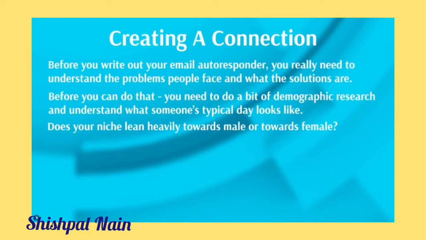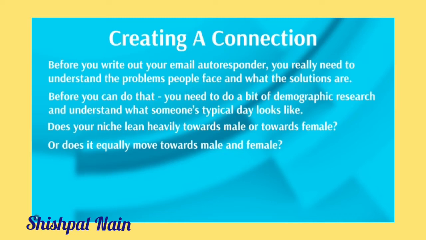So my question to you is, does your prospect within your niche lean heavily towards male or towards female? Or does it equally move towards both male and female? So in other words, in order for it to lean just towards female, is if, let's say for example, that niche is 90% female, or even 95% female, or even 75%.